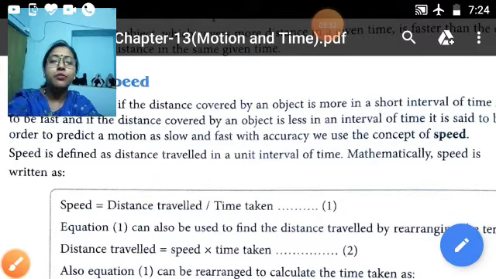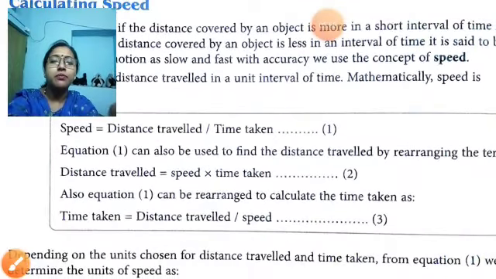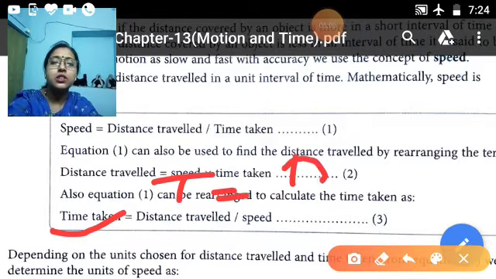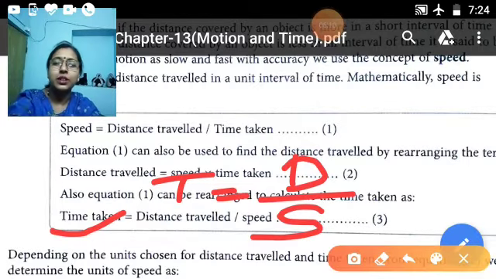And if we have to find the time taken, we will rearrange and write time taken T is equal to distance traveled divided by speed. So there are three formulas with which we can find the speed, the distance and the time when we have to find the speed or the motion of an object.